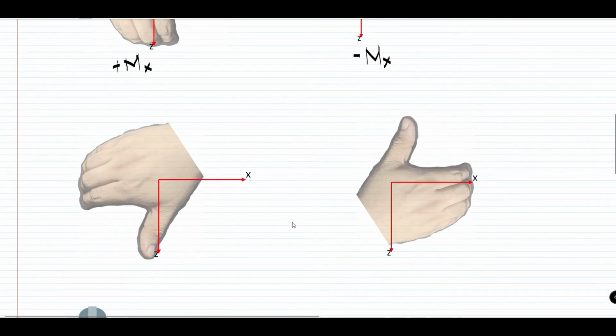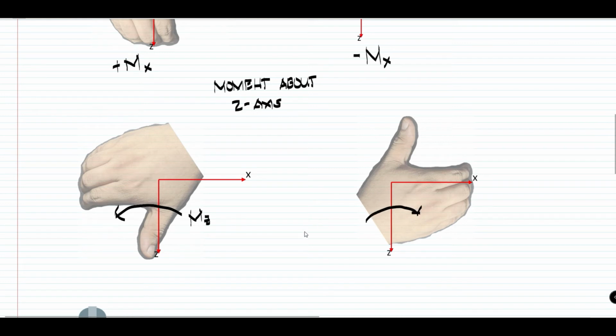So, ito siya. So, this will be the moments about the z-axis. As you can see here, sa moment about the z-axis, the rotations will be about the z-axis. So, ibig sabihin, pag ganyan siya, this is moment about z. And this is also a moment about z. So, ganun pa rin naman yung rule about this moment using the right hand rule.